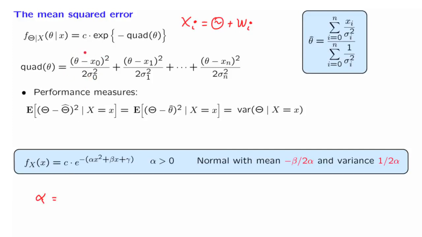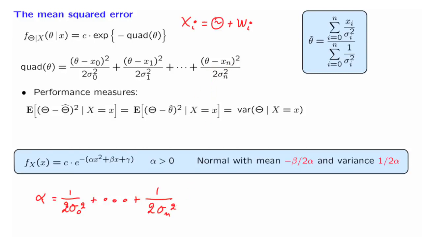From this we obtain a contribution of 1 over 2 sigma 0 squared. And similarly, from here we're going to obtain a coefficient next to theta squared of 1 over 2 sigma 1 squared. We continue the same way. And finally, from the last term, we obtain a contribution of this kind.